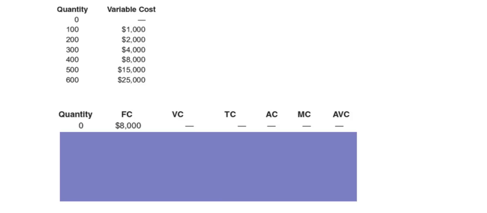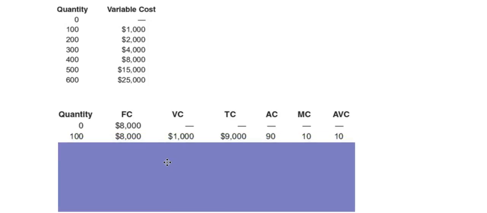Well, you want to construct a table something like this that has your fixed cost, which we know is going to be 8,000 for each quantity. So it's not going to change because it's fixed. So it's just going to be 8,000 all the way down. And then your variable cost is given here.